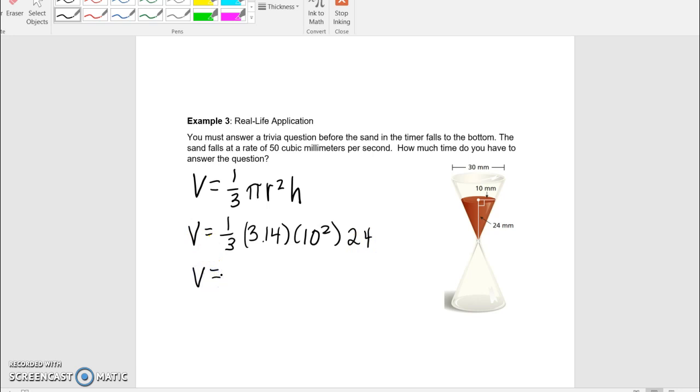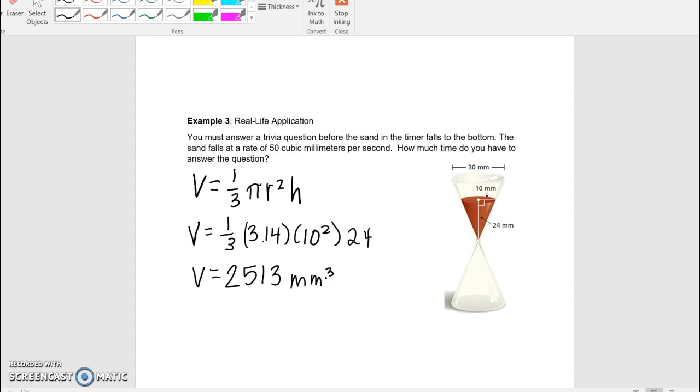So you'll need to plug all of that into your calculator. And once you calculate it, you should end up with 2,513, and we're working with millimeters cubed.